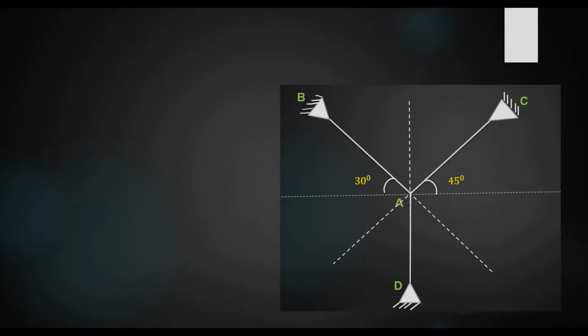Now we will apply unit displacement along the second system coordinate. Then we will draw the perpendicular and find the distance AB dash. Here we have B dash.